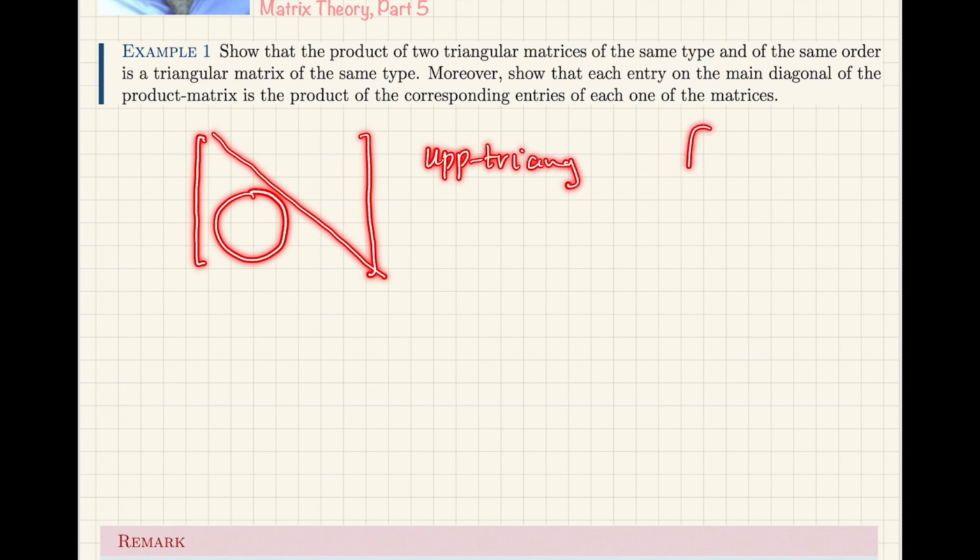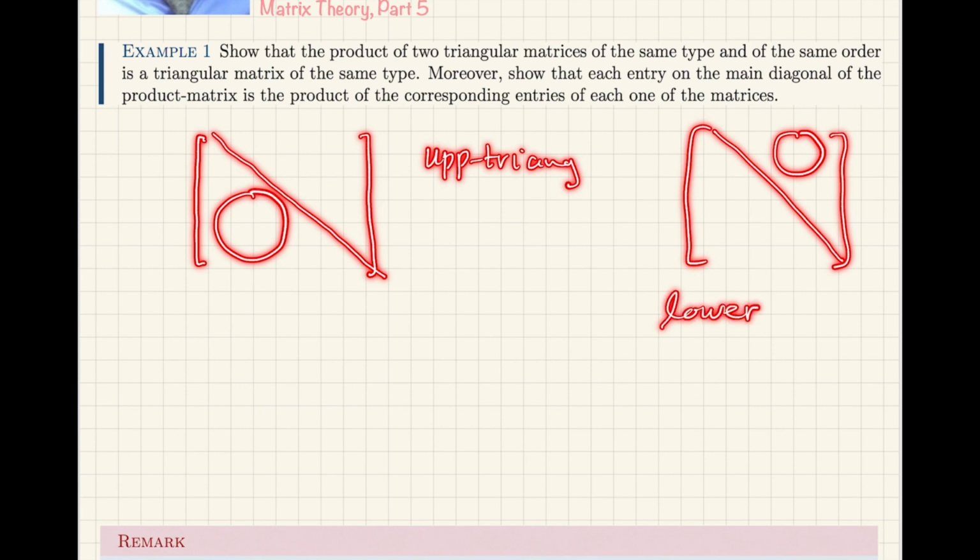And then if I have the other situation, if above the main diagonal everything is 0, it's called lower triangular.